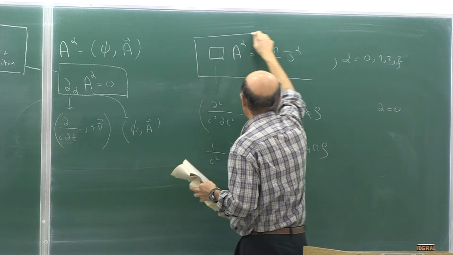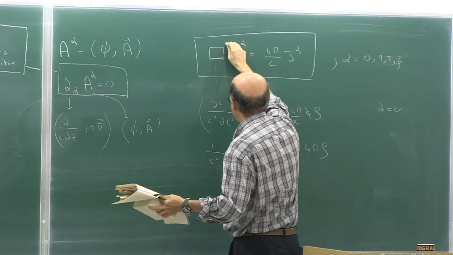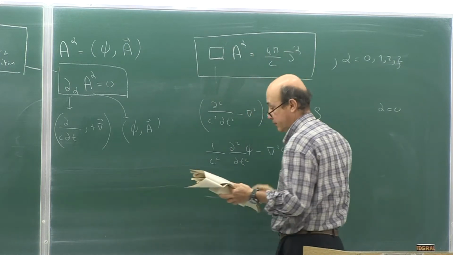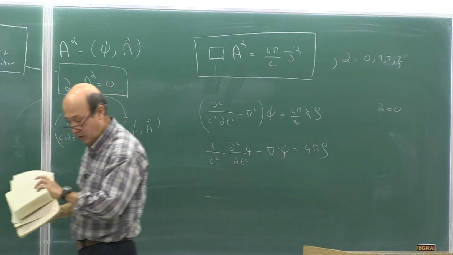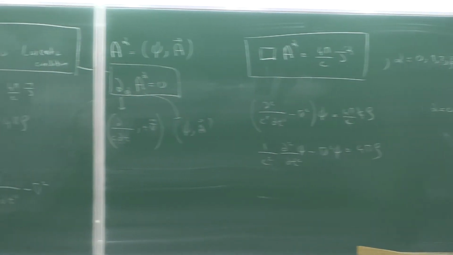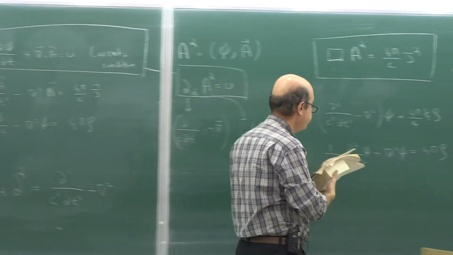In all frames, they are the same. If you work in this frame, or in a different frame, the form doesn't change. So these are the covariant forms of the continuity equation, Lorentz condition, and non-homogeneous wave equations.